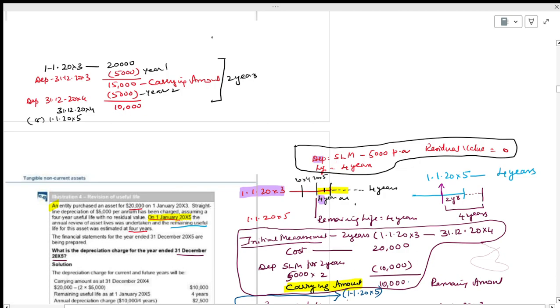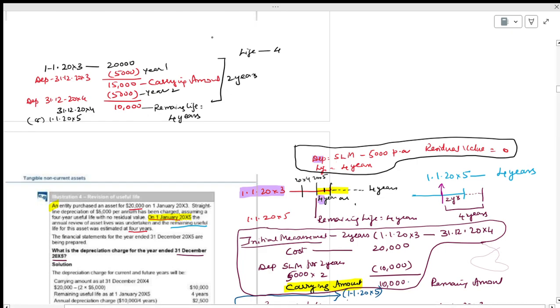Okay. Now, on 1st January 2005, they say that the remaining life will be how much? 4 years. As per the rule, the remaining life will be only 2 years. They have taken it for 4 years. Now see, what is the life?